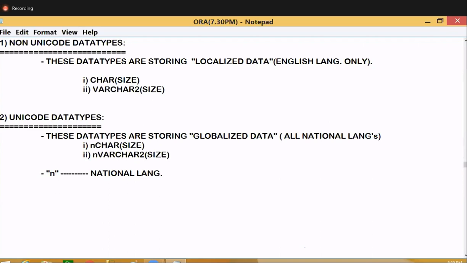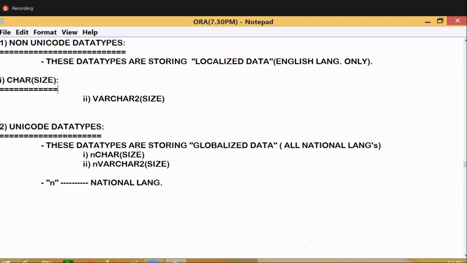This is the identification of Unicode data types. All of you clear now? So these are the two categories we have. Then we can see what is char, what is varchar2, what is nchar and what is nvarchar2. Let us see simply, we will explain here. Suppose char was there.